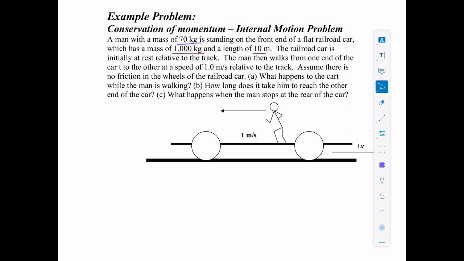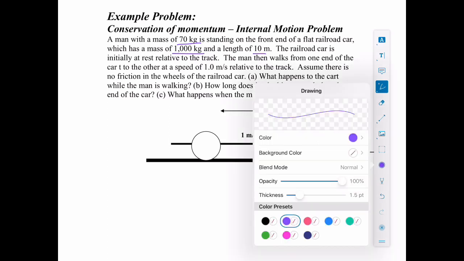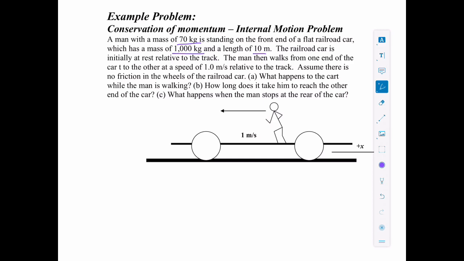We're going to assume that there is no friction in the wheels of the railroad car, and we're going to figure out A, what happens to the cart while the man is walking, B, how long does it take him to reach the other end of the cart, and C, what happens when the man stops at the rear of the cart. So the first thing, maybe not intuitive, but when the man starts walking, the cart is essentially going to recoil under him and move the opposite direction.